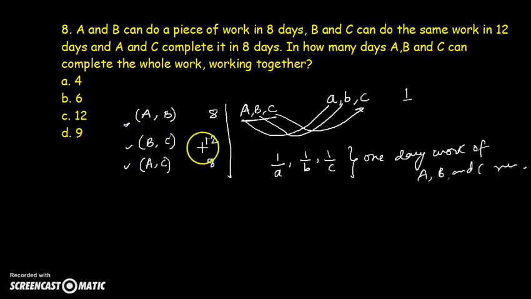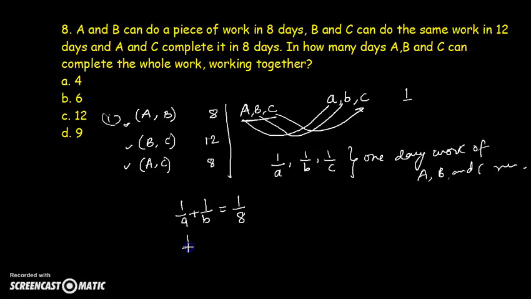A and B together take 8 days to finish the work completely. So A's 1 day work is 1 by A, B's 1 day work is 1 by B, and this is 1 upon 8 for the first condition.